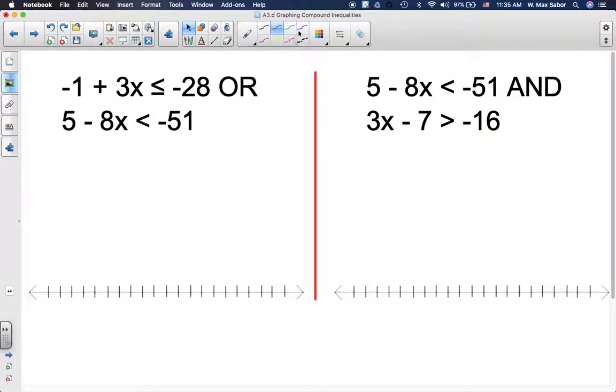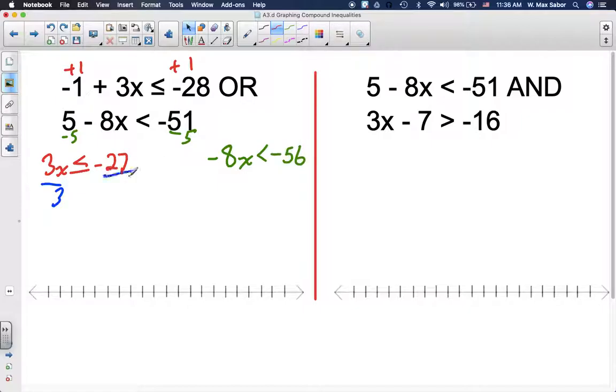And last pair. Add 1 to both sides, so we get 3x is less than or equal to negative 27. For this one, we're subtracting 5 from both sides, so we get negative 8x is less than negative 56.